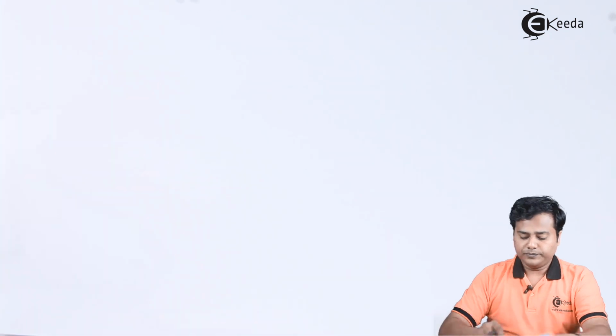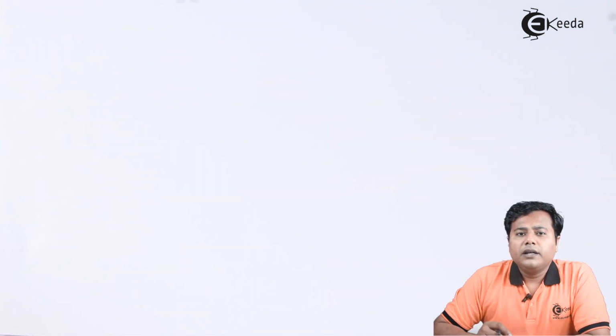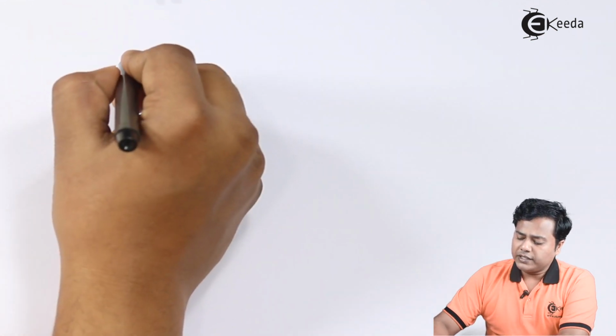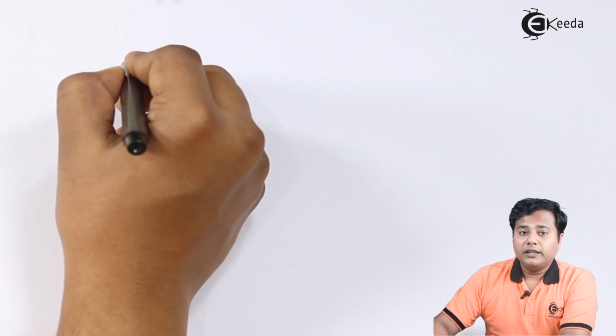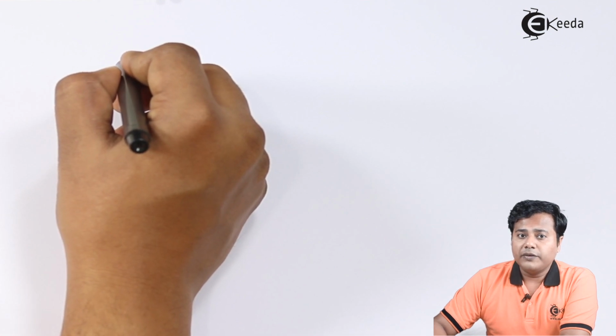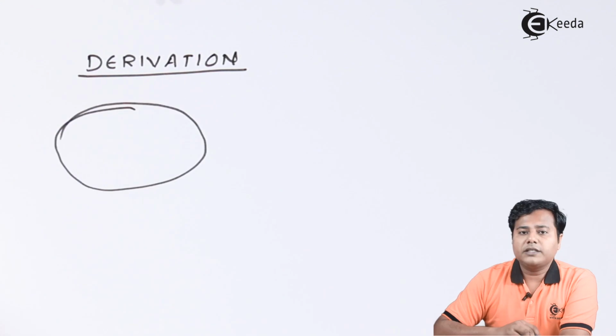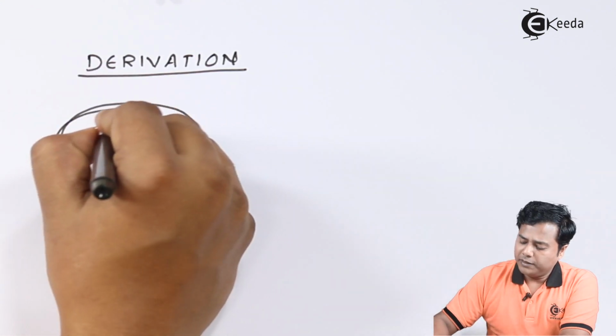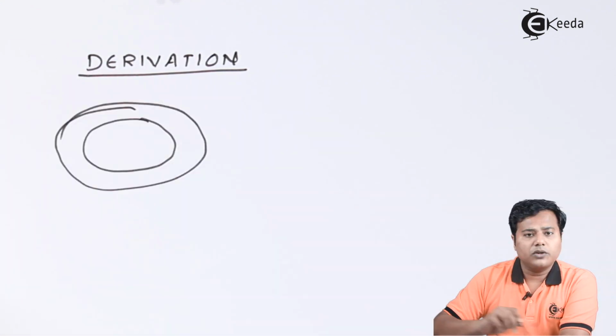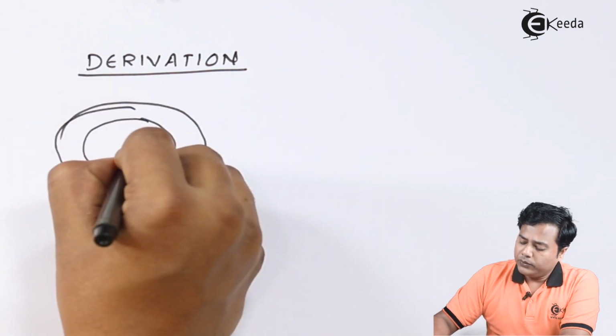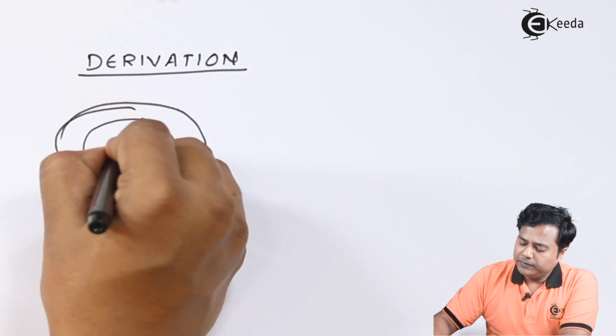Let's move ahead. Now the theory is related with the thick cylinders, so there is a considerable thickness. In such case, let us draw the cross section. Now we are actually entering into the derivation part. Let's consider a cross section. It's a random cross section. Let's consider it's a circular cross section. Now there is some internal pressure applied.